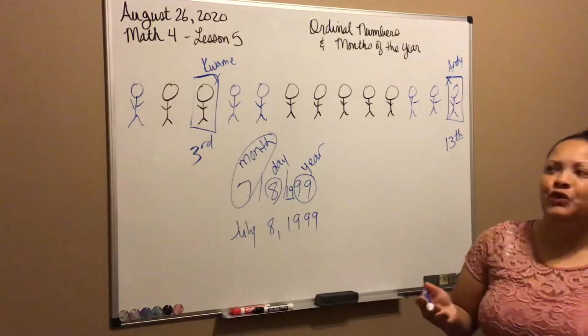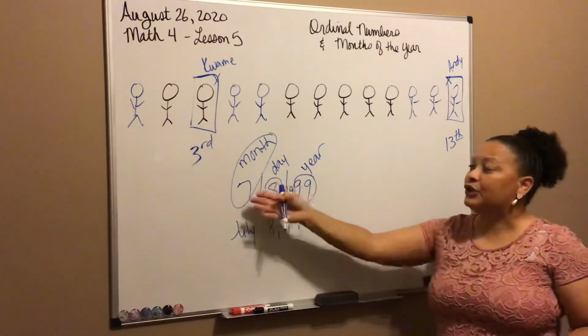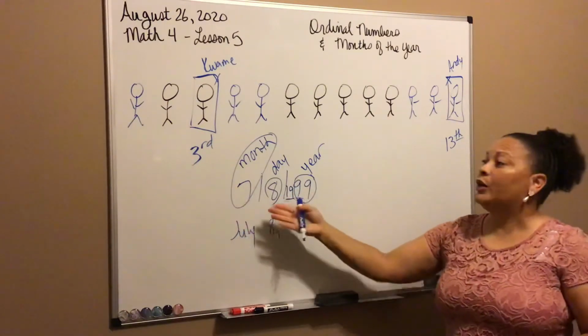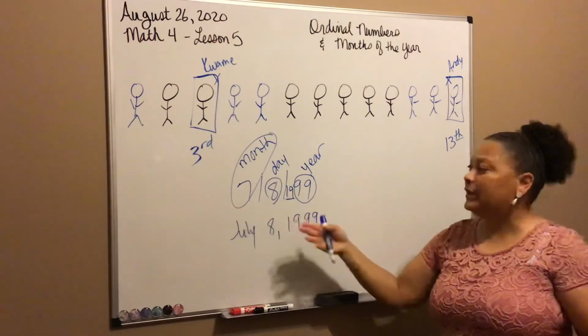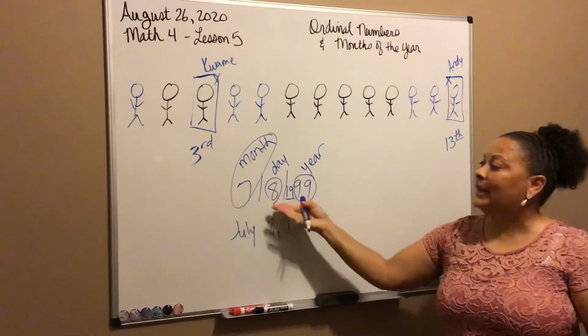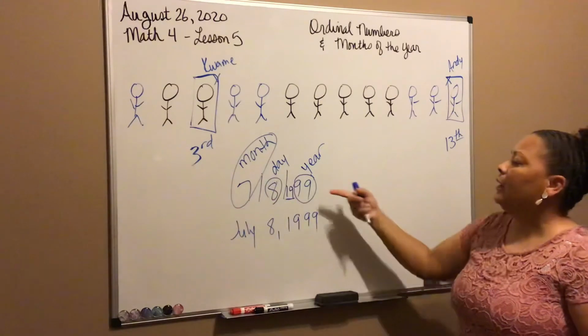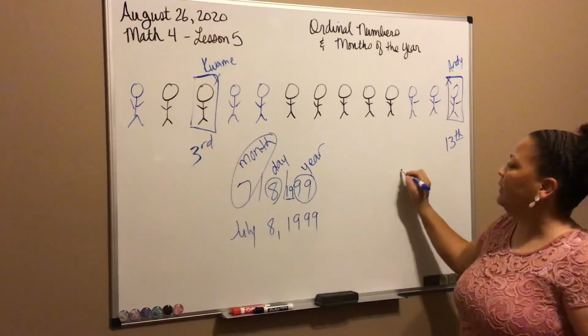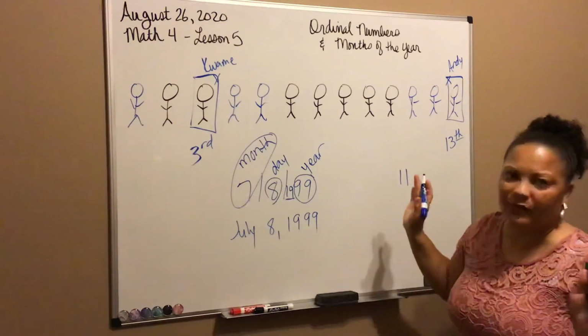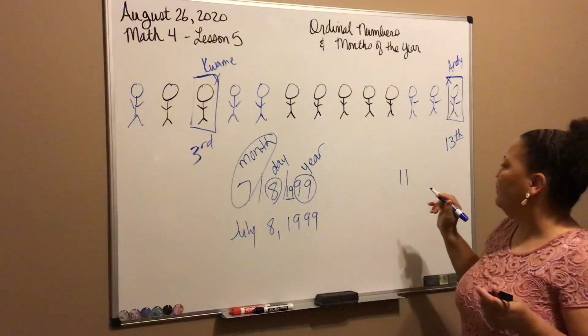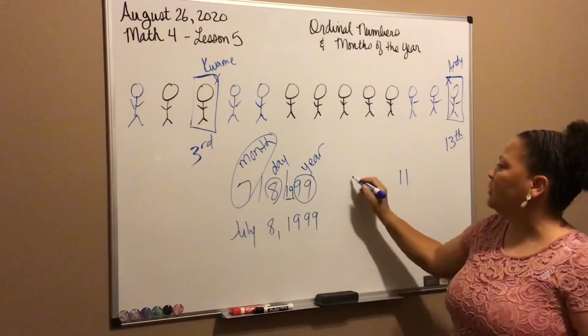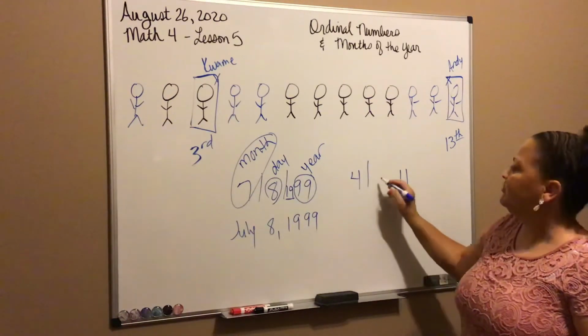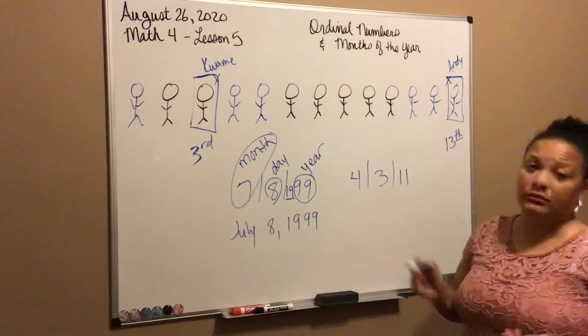If I were to ask you what is your birthday and ask you to write it in this format, where you'd use the number to represent the month of your birthday and then the day and the year, you might have something like 11 at the end. I'm just using that for an example. So let's just say it was 4/3/11.